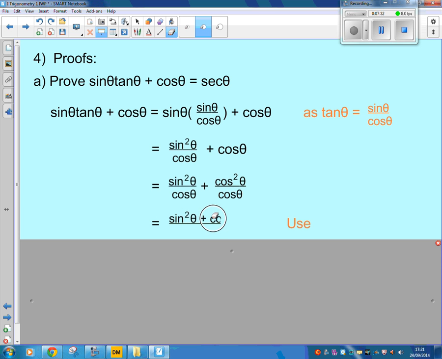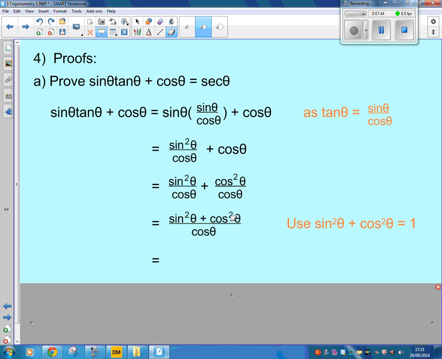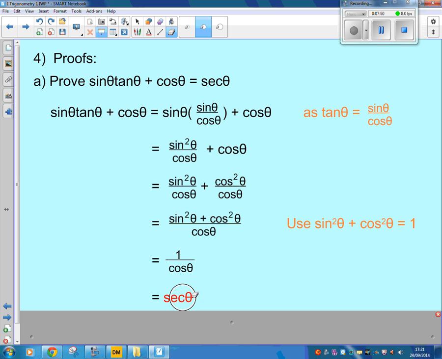So you get sine squared theta plus cos squared theta over cos theta, and then you should instantly spot sine squared plus cos squared is 1. So we can replace the sine squared plus cos squared by 1 over cos theta, and that is what is equal to sec theta.